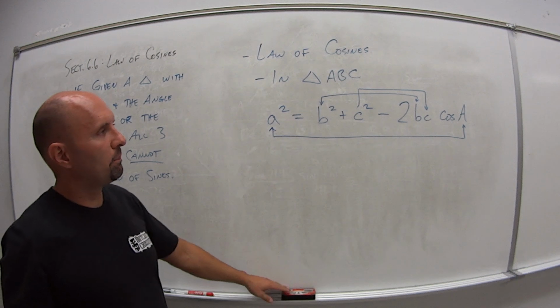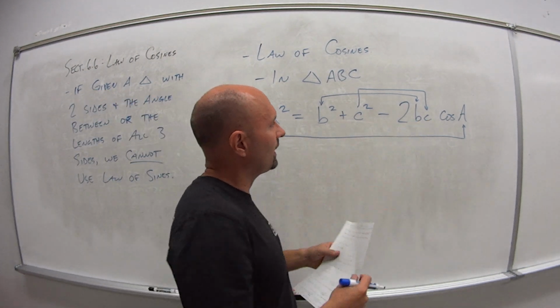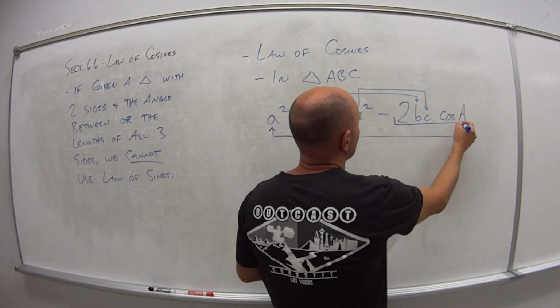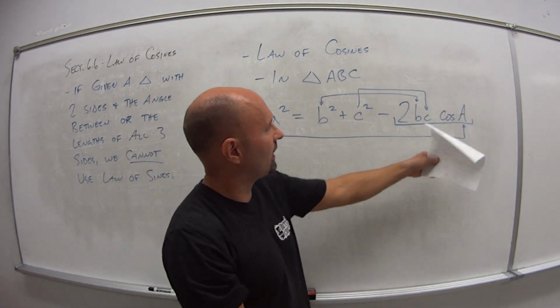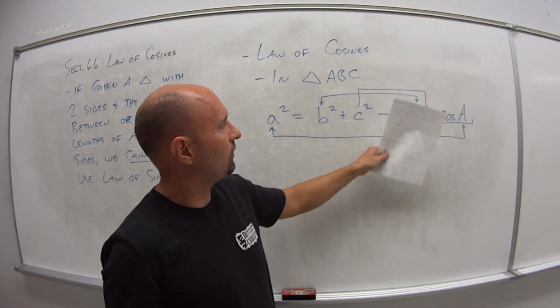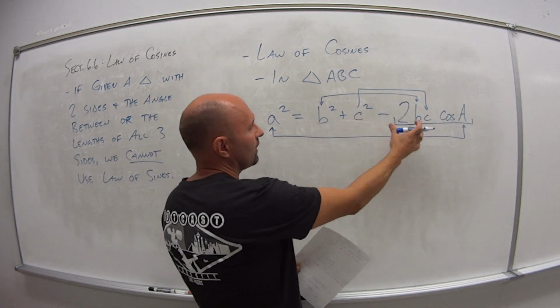Now, one thing I want to point out is that this last piece is all one piece. It's not like you can say, oh, this is a number and that's a number, so I just need to square these and add them and subtract this.